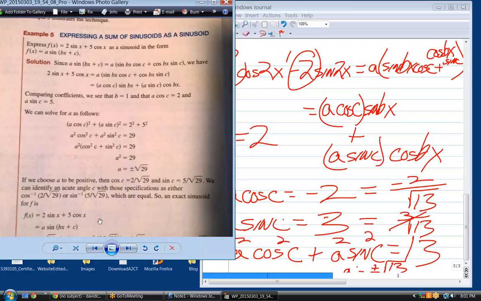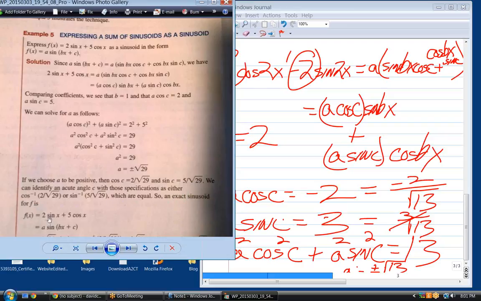We can identify an acute angle C with those specifications as either the inverse cosine of that. Okay, so C is clearly the inverse cosine of that, or the inverse sine of that. They're both the same angle.